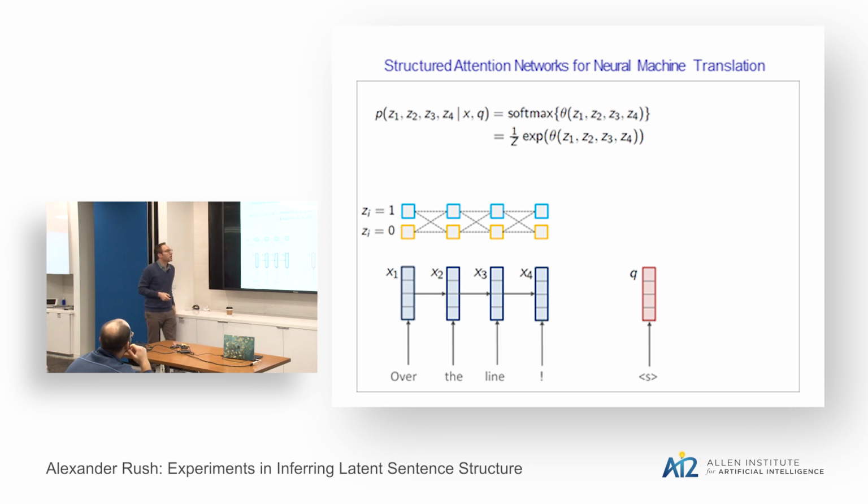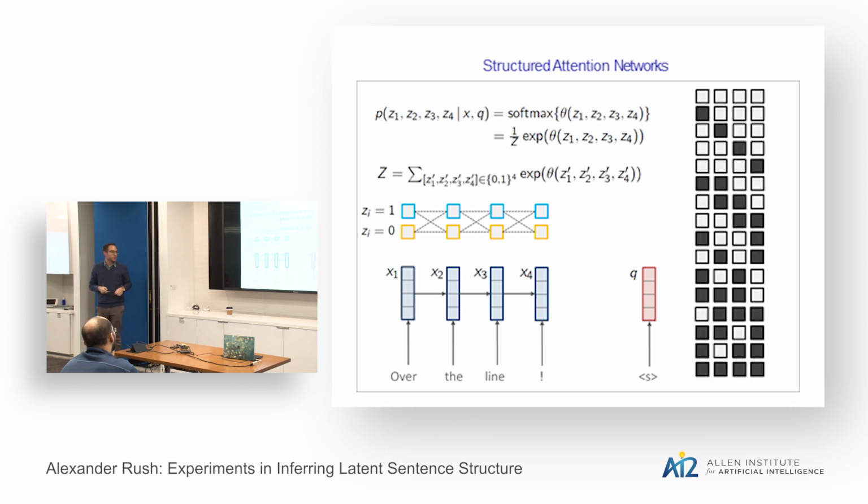So what does this look like? Instead of having each position selected independently, we're going to allow there to be correlations between the outputs of the selections that we make. So instead of saying you can only pick each of x1 or x2 or x3 or x4, or select from all of them, we're going to allow structure here, so that if we pick one word, we might want to pick the other one as well.